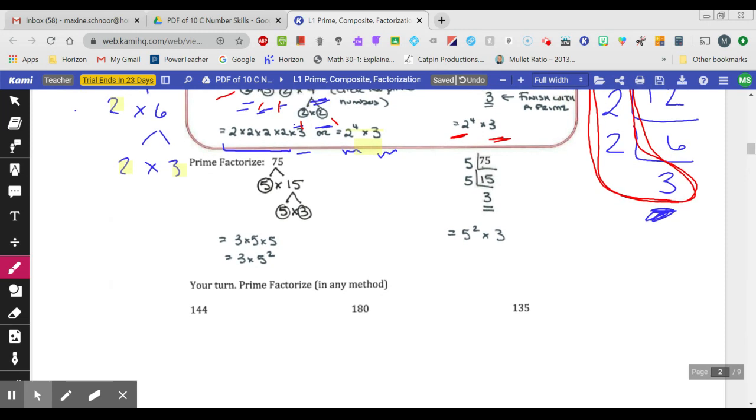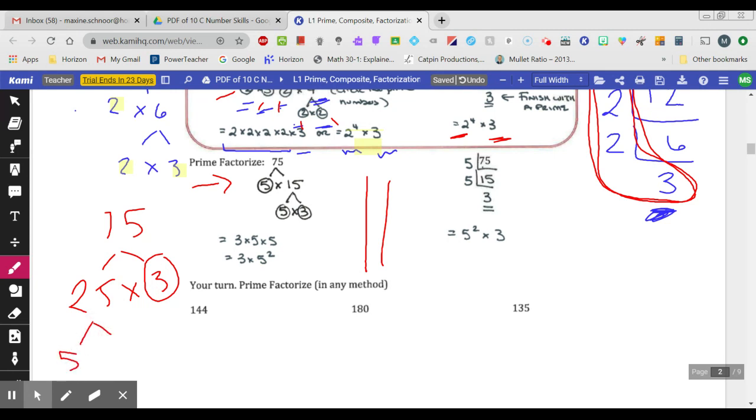So here's another example that I did, 75. So this is the factor tree. 5 times 15 is 75. I could have also gone 75 is 25 times 3. 3 is prime, so I would have stopped with that. And then 25 is 5 times 5. So now I've got 5, 5, 3, which is right here.